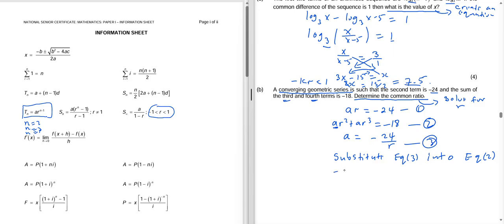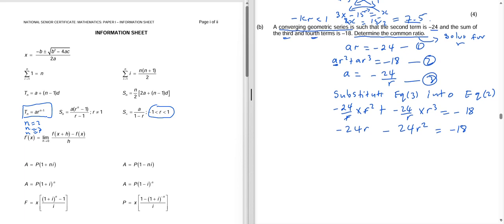Meaning we are going to have minus 24 over r times r squared plus minus 24 over r times r cubed equals minus 18. This and this will cancel. We will be left with minus 24r minus 24r squared equals minus 18.